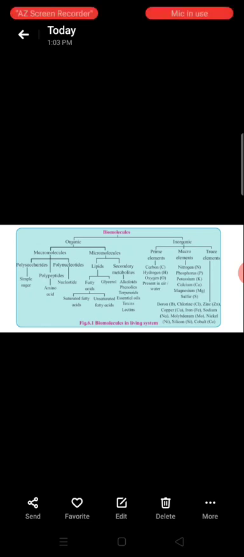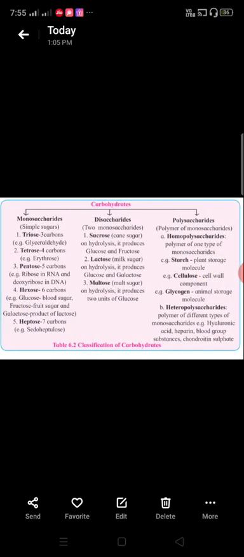See this chart, or concentrate towards the chart. So carbohydrates are divided into three categories. Number 1 monosaccharides, number 2 disaccharides, and number 3 polysaccharides. Mono means one, di means two, and poly means many.